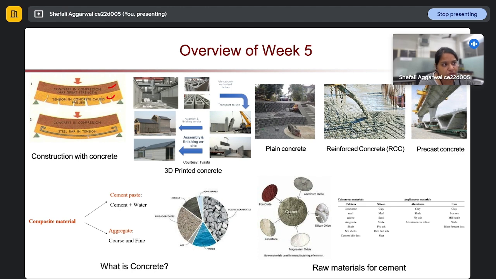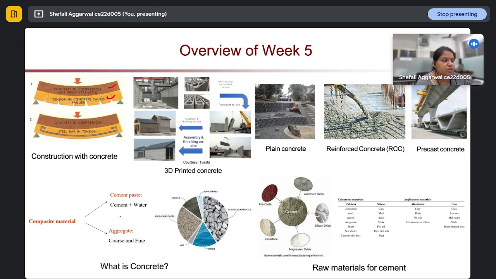So why are we using steel rebars only? Because they have a similar coefficient of thermal expansion as the concrete material. And there are also many other types of reinforcement coming up, like fiber reinforced concretes and textiles. Those are the recent developments in reinforcement which can be used in the concrete system.